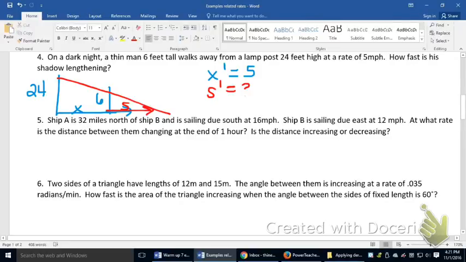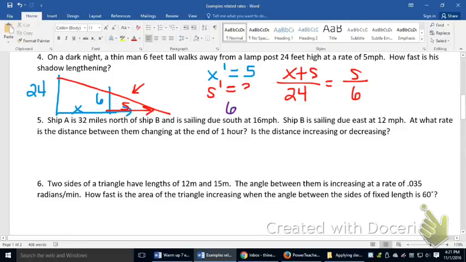The big triangle, the bottom is X plus S, and the side is 24. And on the right triangle, the bottom is S and the side is 6. So let's just cross multiply and work that out, see what you get.